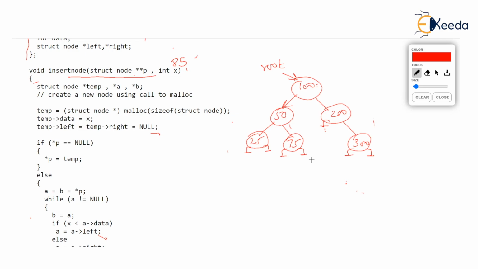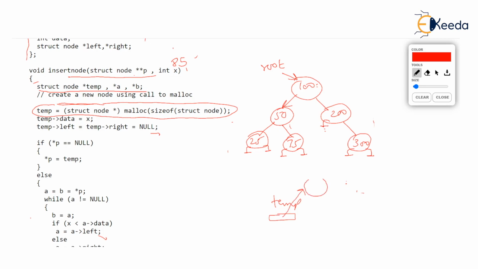Let's see. The first thing first, the function declares three pointers, temp, a and b. So let's make three pointers, temp, a and b. Assume they are there, okay? Three pointers are declared. Then this line allocates new memory for a node, and temp points to that new node. So temp is a pointer which points to the new node.